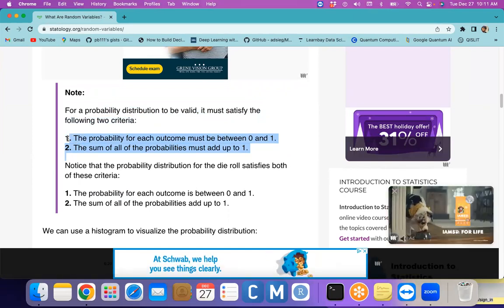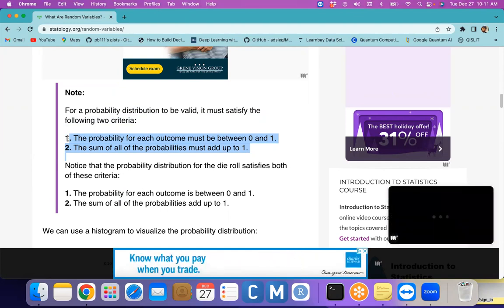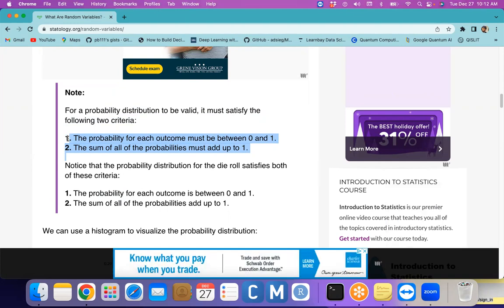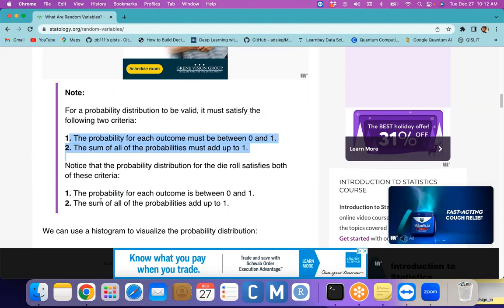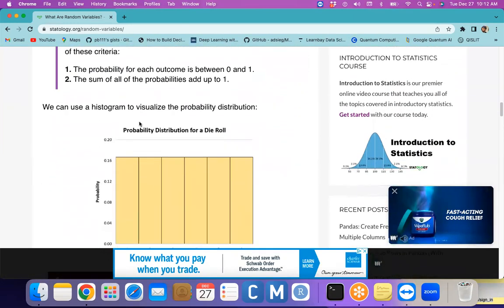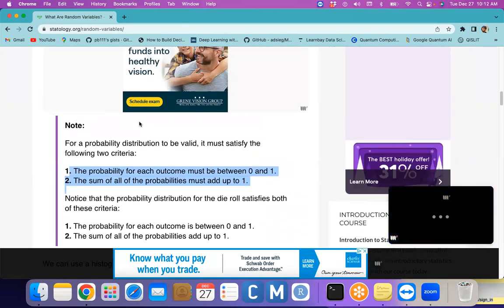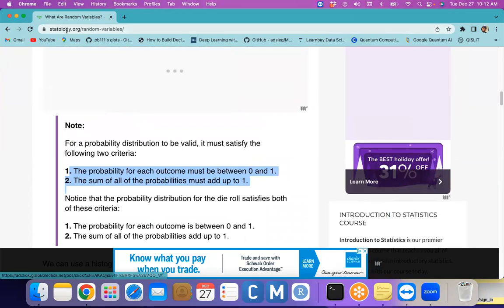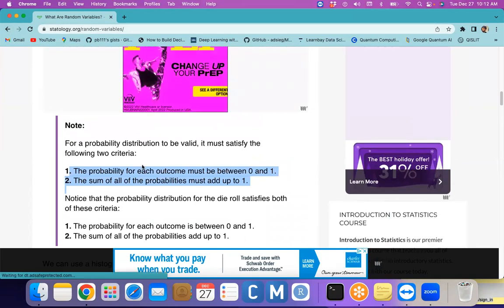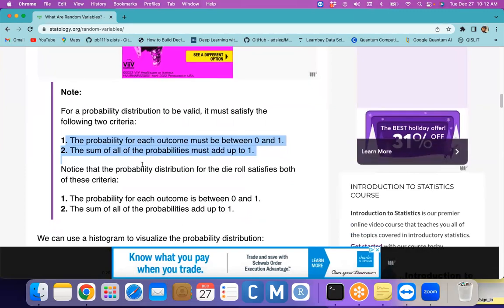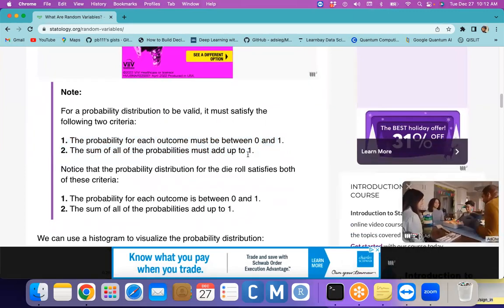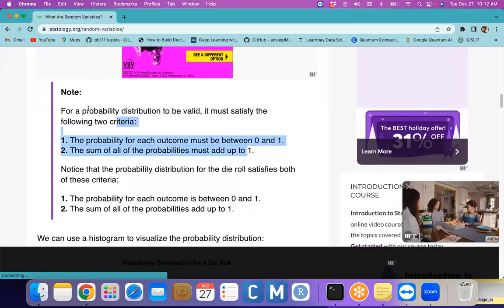Clear, or any questions? So this is the probability distribution. We can visualize this with... one minute, sir, noting them. Yeah, okay, fine. These two, just these two only. Nothing much.